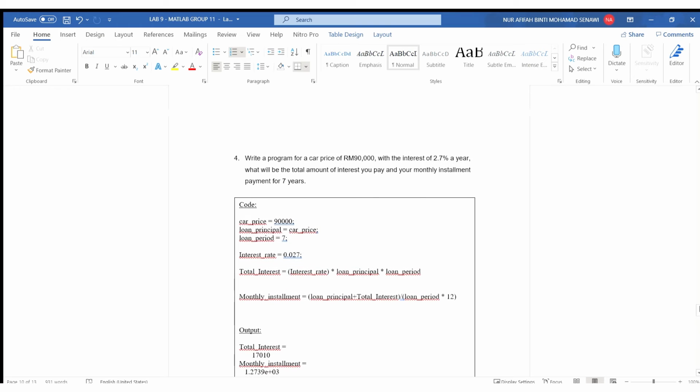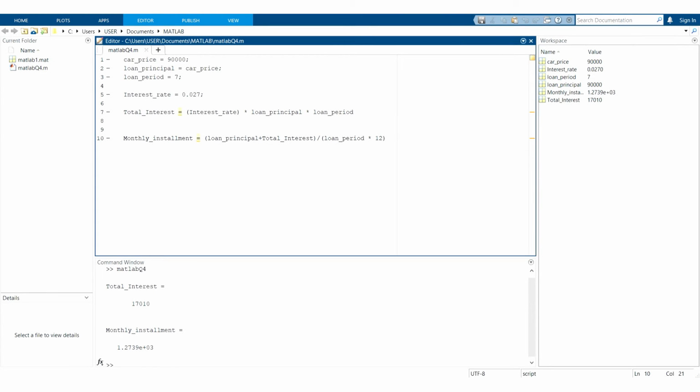Question number 4 is, write a program for a car priced at 90,000 with an interest of 2.7% a year. What will be the total amount of interest you pay and your monthly installment for 7 years? So the car price is 90,000 and the loan principal is equal to the car price.